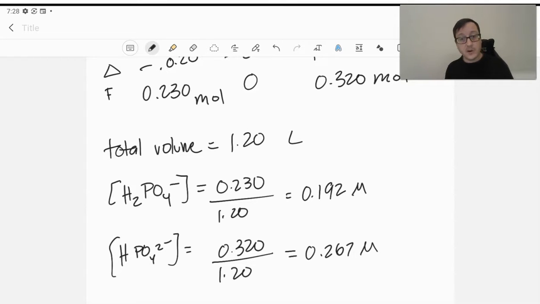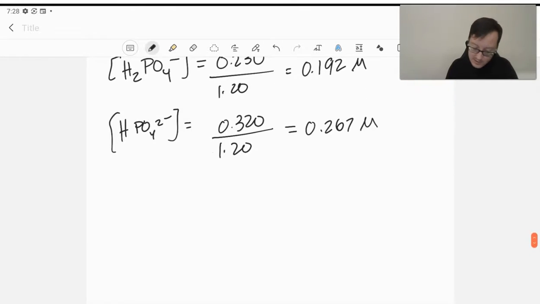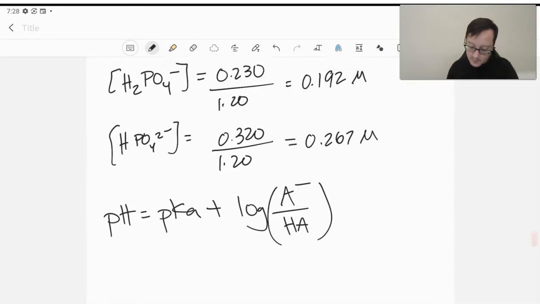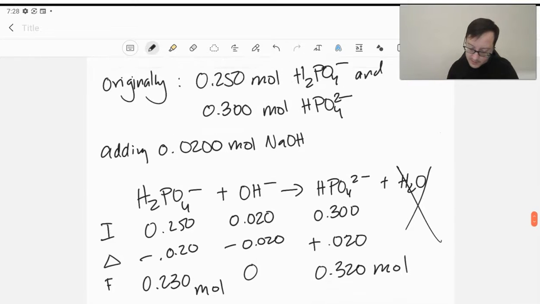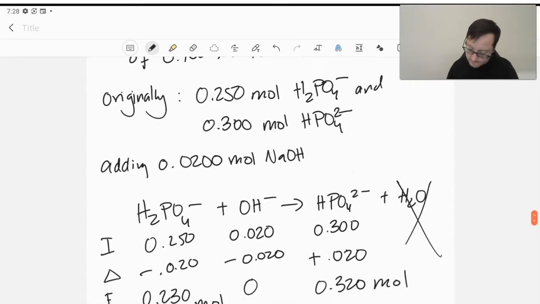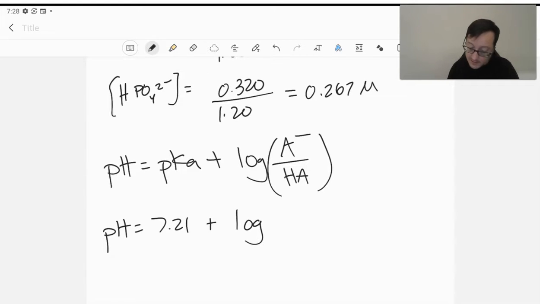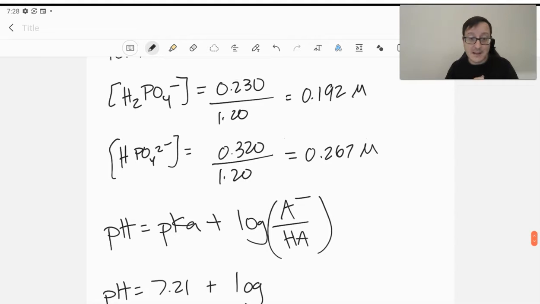And so we should go ahead and now plug these into our equation. pH equals pKa plus log of A minus over HA. We have our pKa is 7.21, plus the log of A minus. We have to remember which one we set as A minus. That's the one that has more negatives, right?